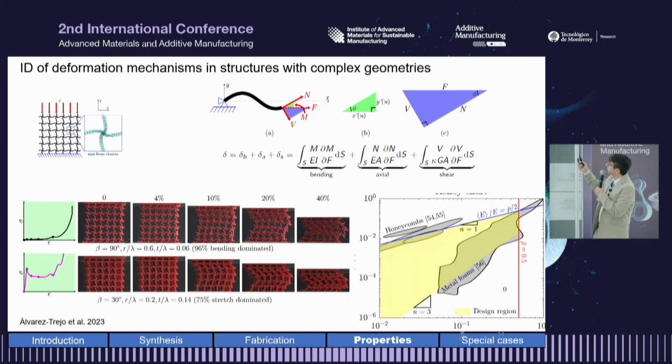I know if they're going to be deforming mainly by bending, or by stretching or compression, or even by shear, because when the geometry of the structure becomes more complex, it's not a pure bending-dominated structure or a pure stretch-dominated structure. It's a combination of different deformation mechanisms that participate.